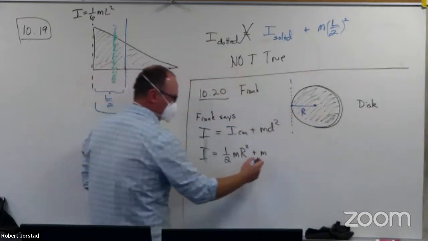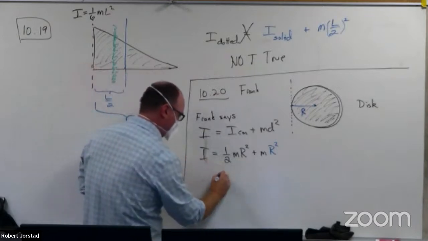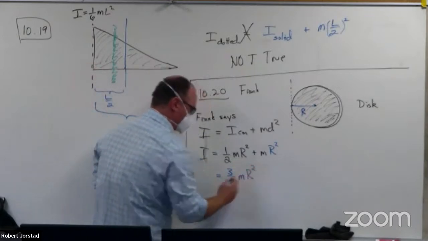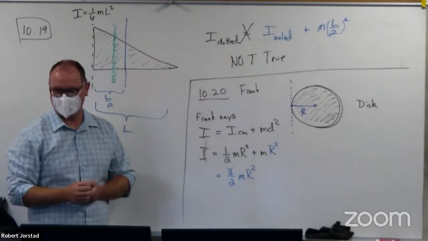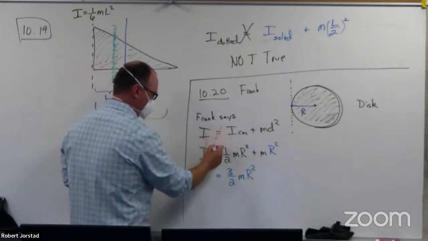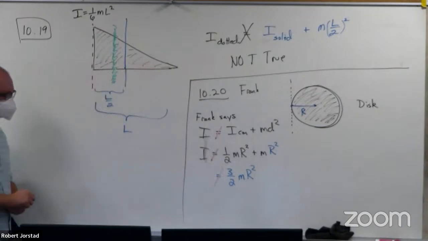So can I just plug in mr squared? Frank says it equals 3/2 mr squared. My claim is Frank is wrong. My claim is Frank is full of it. This is not true. What is wrong with this?